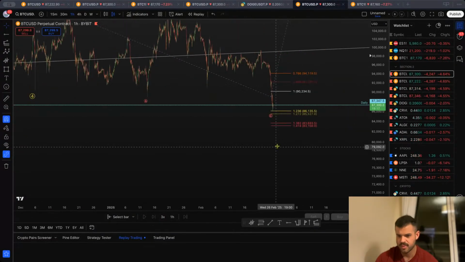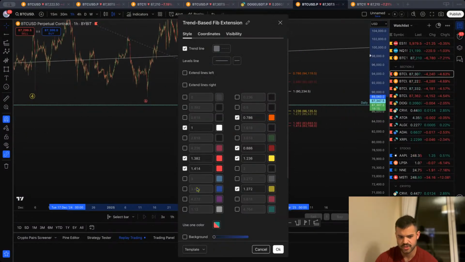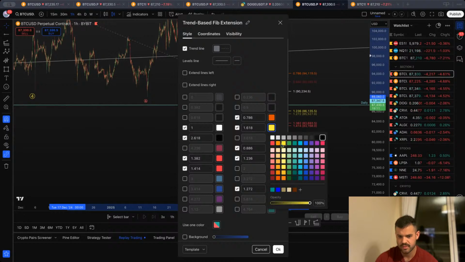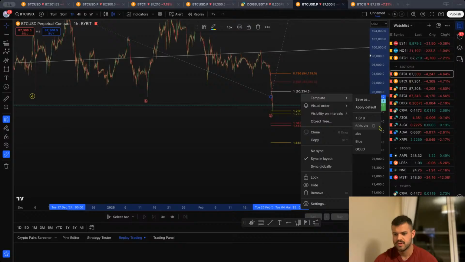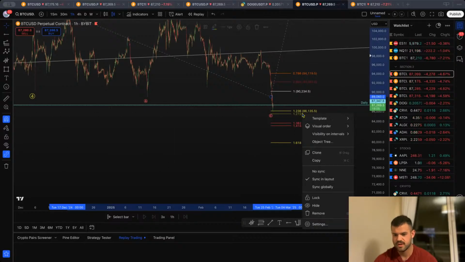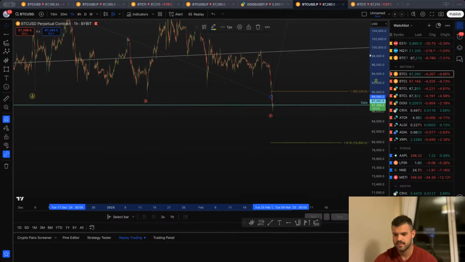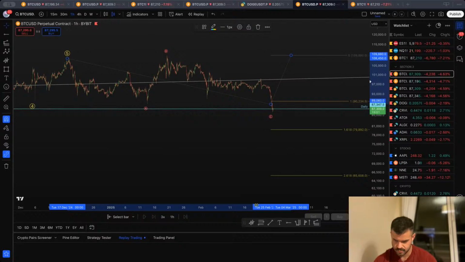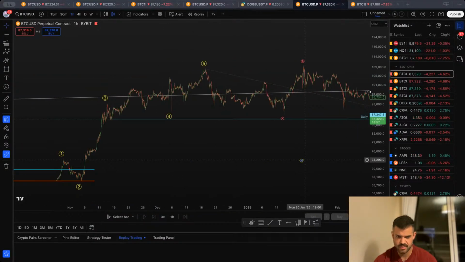I'm going to put the 1.618 on here as well, just to be sure. 1.618, 2.618, and change the template to gold. So the 1.618 doesn't really come up with anything.